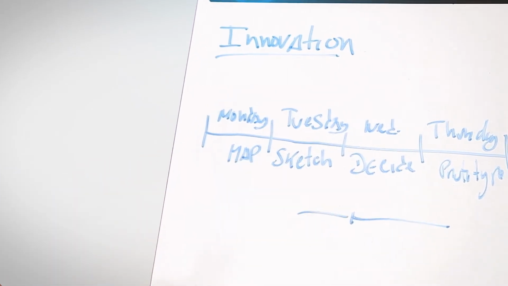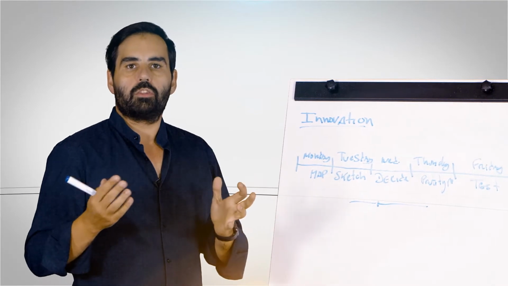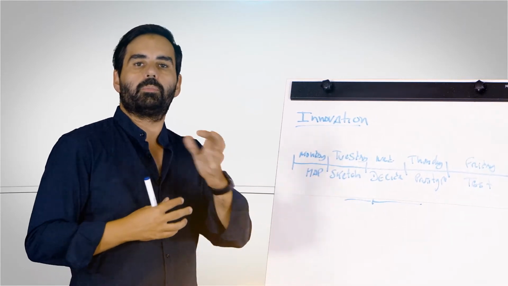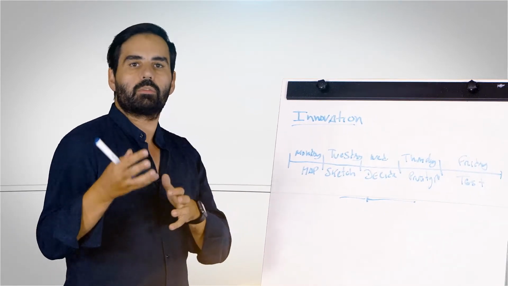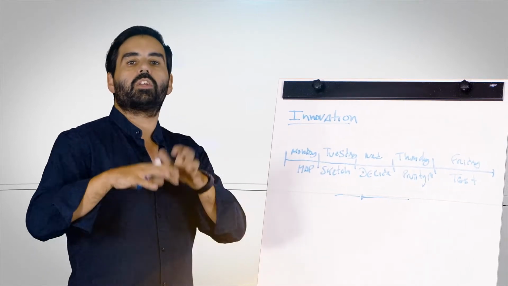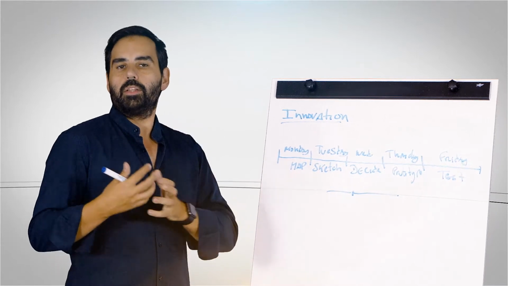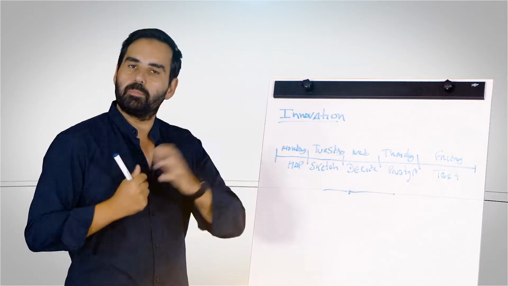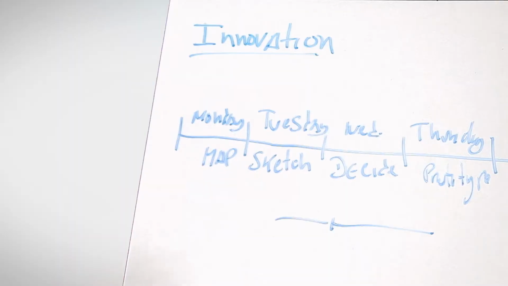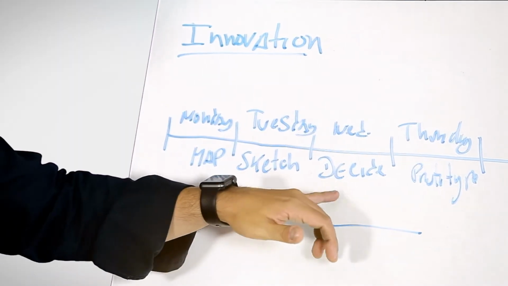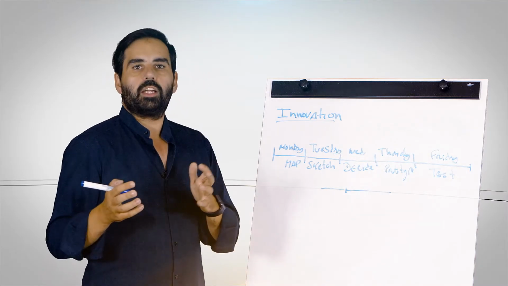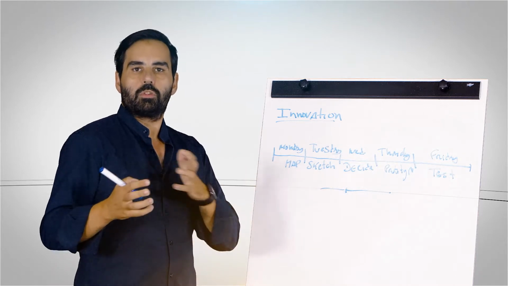The second day, Tuesday, you start to sketch. You go deep into what the problem is and how you want to take care of it, and you start to brainstorm ideas on how we should serve the customer better with this problem. Then on Wednesday, you decide what approach you want to have.